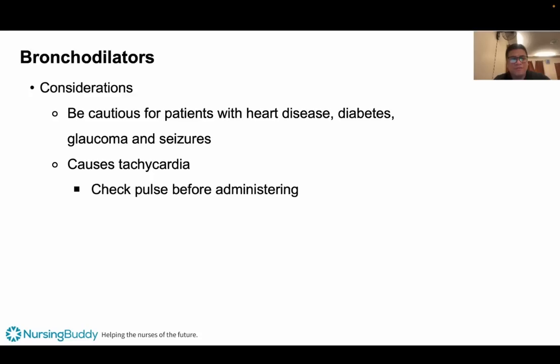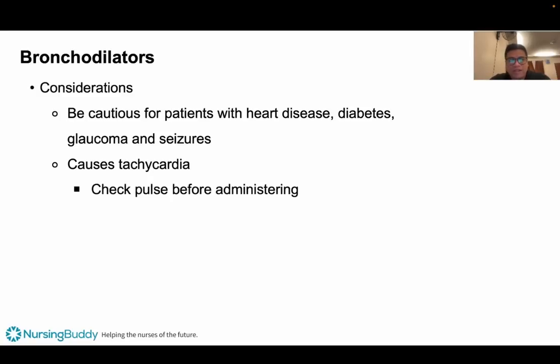Okay? So now, bronchodilators. The considerations that are commonly asked in the board exam: we should be cautious for patients with heart disease, diabetes, glaucoma, and seizures. Why? Because they act on your adrenergic receptors.